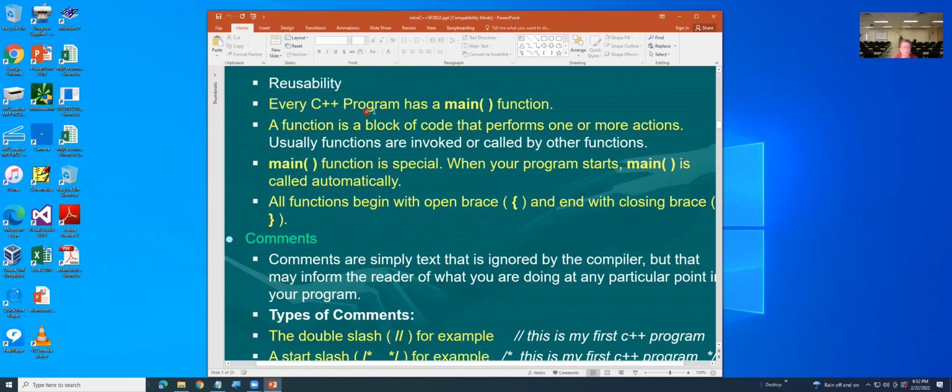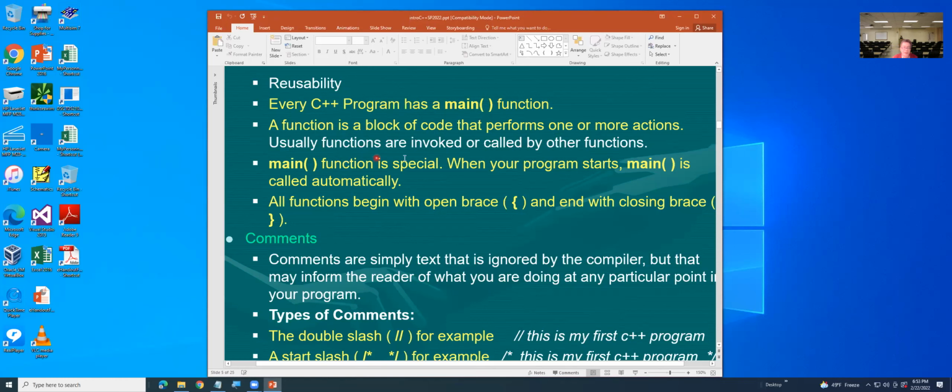Every C++ program has a main function. That means whatever you want to do in your software, in your program, there is a function called main. You see, open the bracket, close the bracket here. That means the main. A function is a block of code that performs one or more actions.